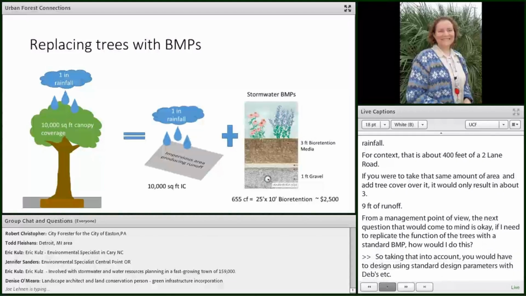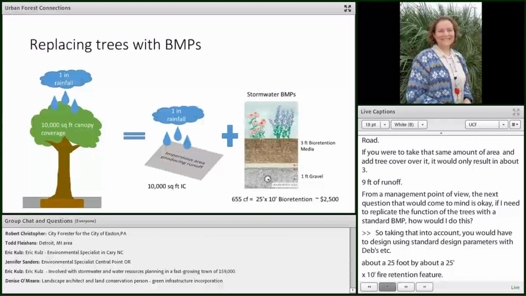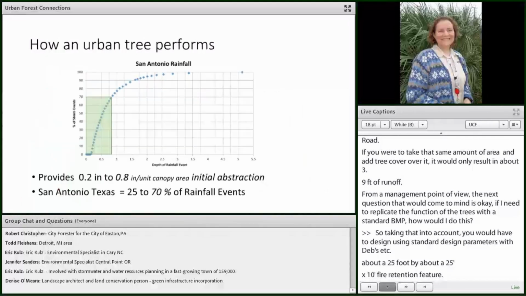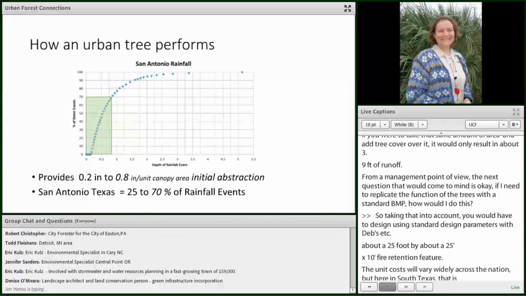Now, the unit costs are going to vary widely across the nation, but here in South Texas, that's going to cost about $2,500. Inevitably the next question is going to be, well, how does that help me meet my regulatory guidance?